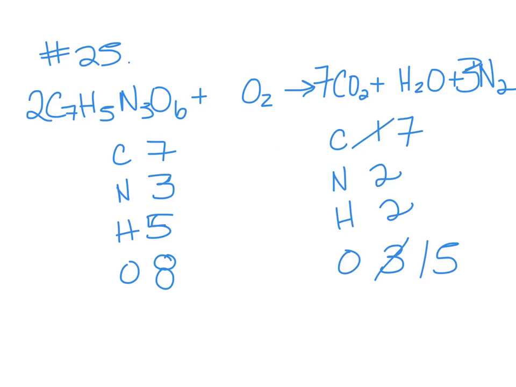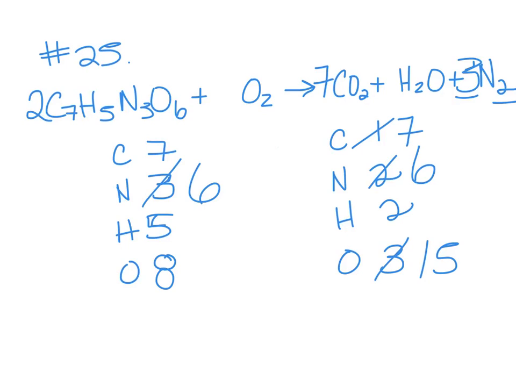And what that does is I have 2 times 3 is going to give me 6 nitrogens, and 3 times 2 gives me 6 nitrogens. So sometimes when you swap the subscripts, when you have a situation like this where they're only 1 apart, that helps with your balancing as well.